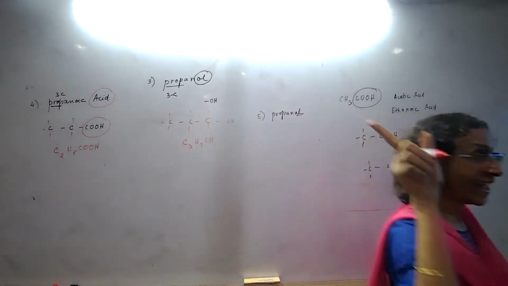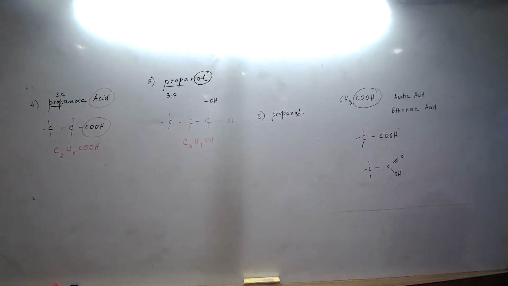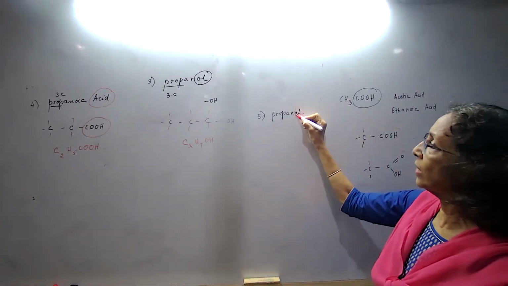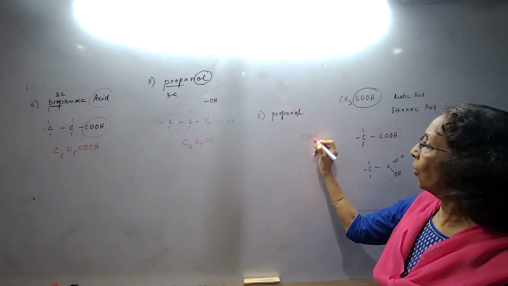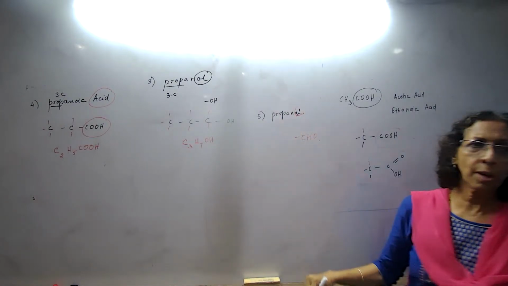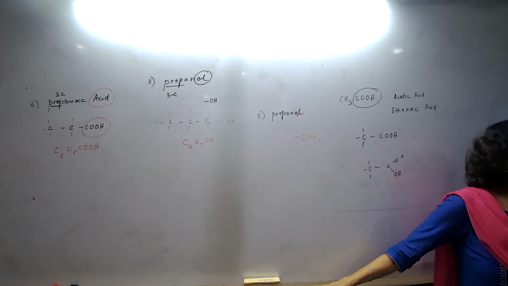That is alcohol. Aldehyde. Very good. Aldehyde ending with what? CHO. So the moment you see Al, you know it is aldehyde and it must have a CHO. Now prop. Prop is how much? 3 carbon.